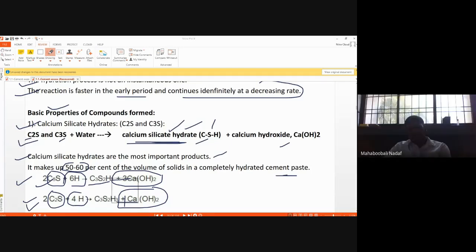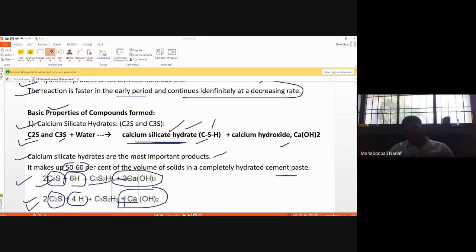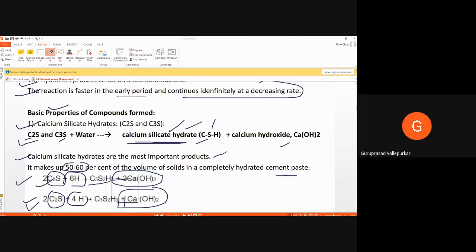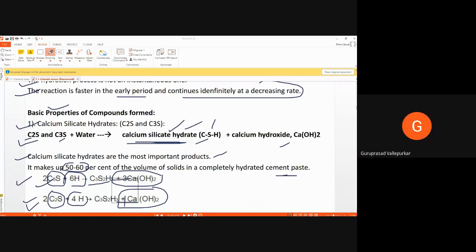Guru Prasad, have you understood? Yes, sir. Which product is good? Sir, C2S. Why? Sir, its heat conduction is less.